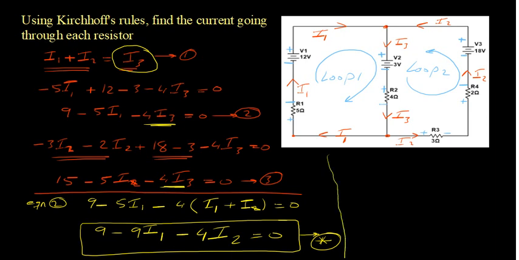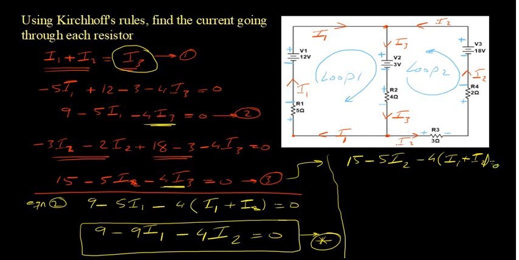I can do the same thing for equation 3 here, and that will give me this. It's 15 minus 5 multiplied with the second current minus 4 multiplied with the combination I1 and I2 equal 0. Let's expand and simplify.